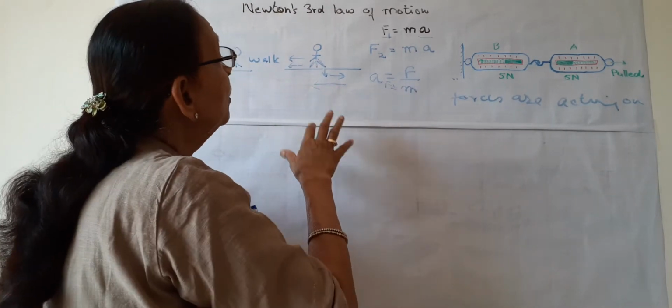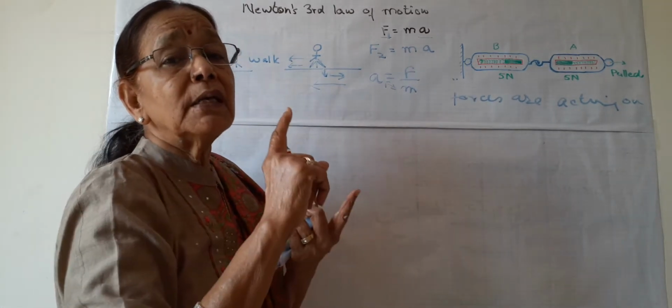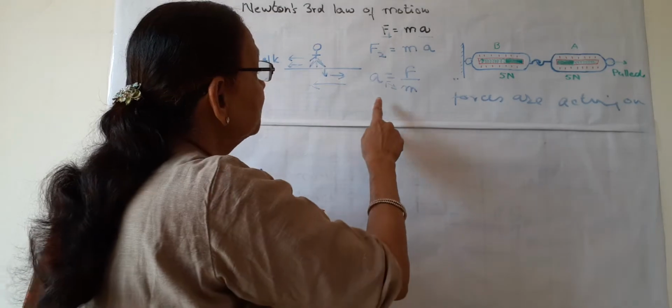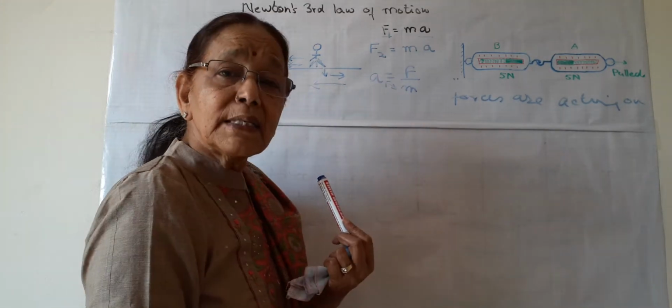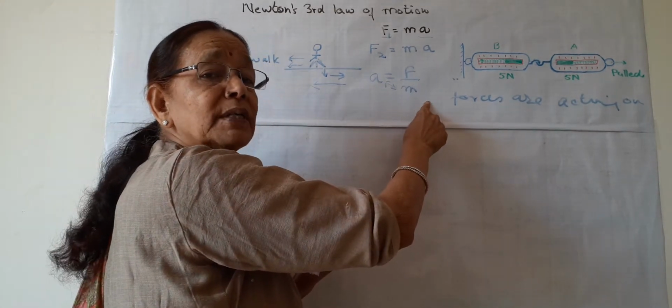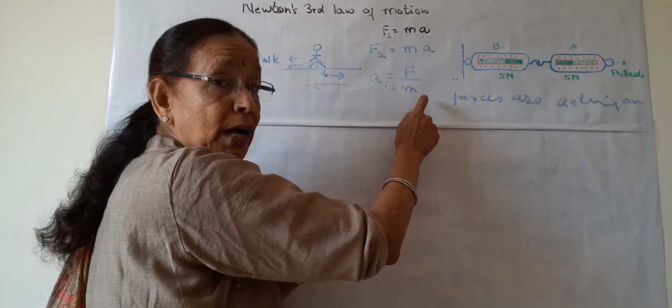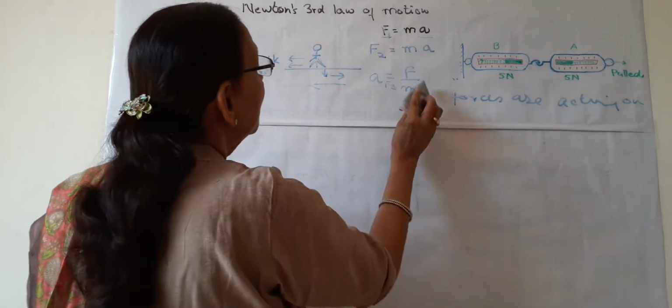This is how we can explain walking using Newton's third law, and explain why the road is not moving using Newton's second law, where acceleration is inversely proportional to the mass of the object. This is one of the examples.